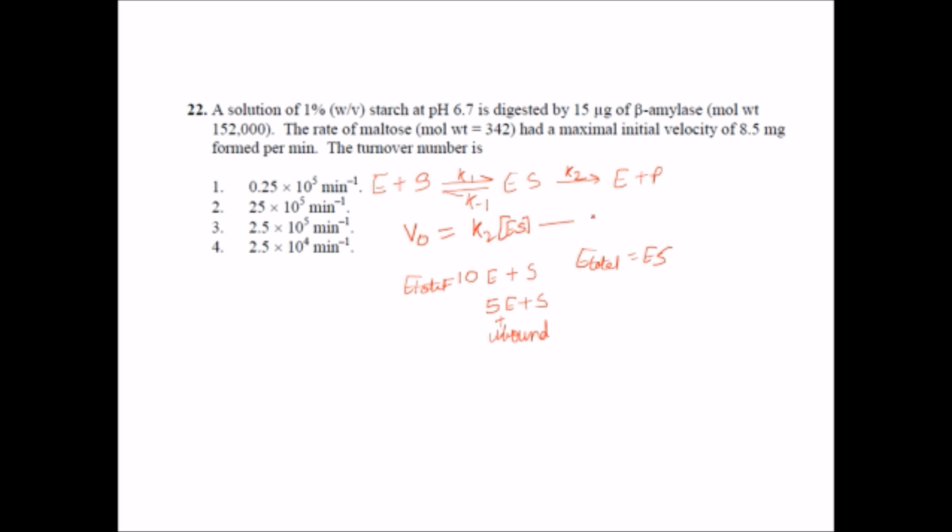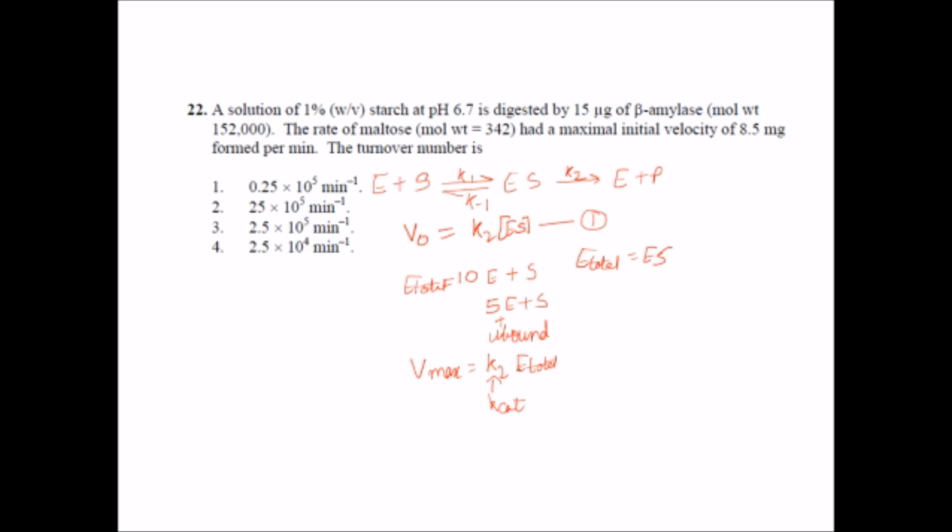So we can change equation 1 to Vmax, when the enzyme is completely saturated with the substrate, or we can say the substrate is at the highest concentration. Then ES can be replaced with E total, and it can be written as K2 into E total. Now what is K2? Here K2 is the turnover number, represented by Kcat.